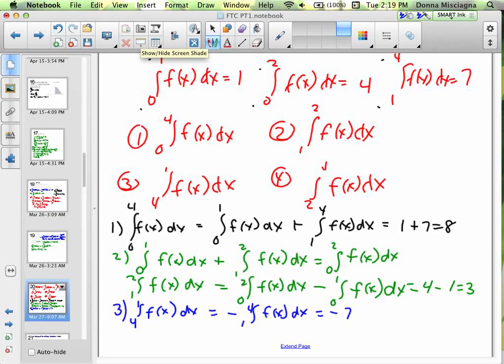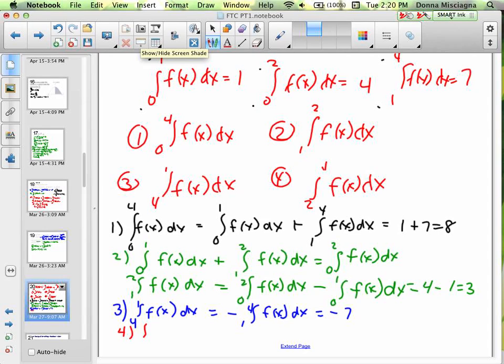And then the last one is 4, and that's from 2 to 4. Let's see, we've got 1 to 4, we've got 0 to 2. So let's squeeze this one in here. What were we looking for? We were looking for 2 to 4.